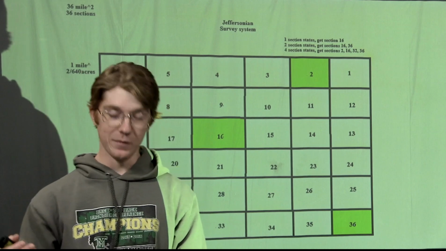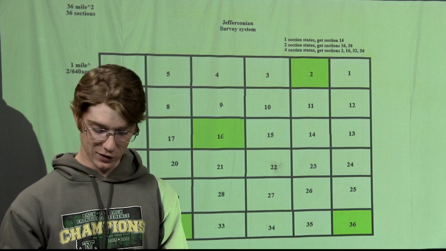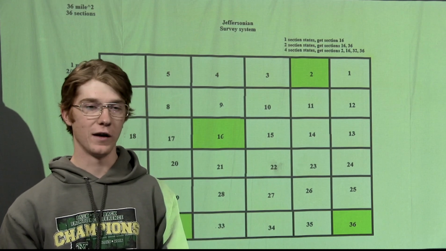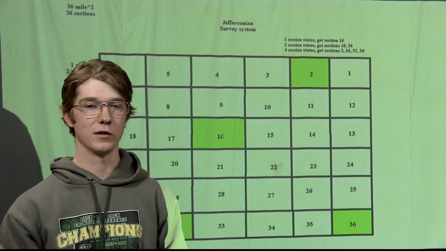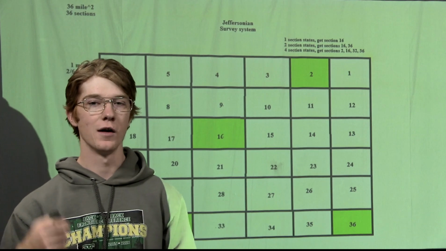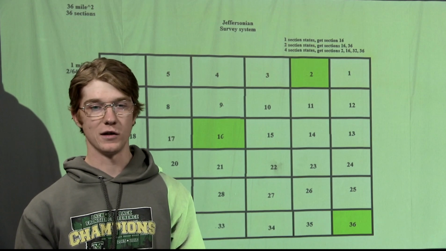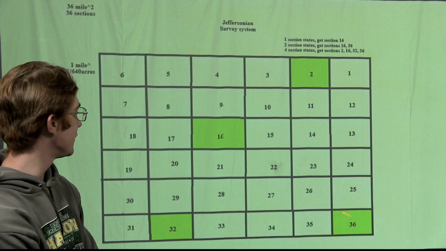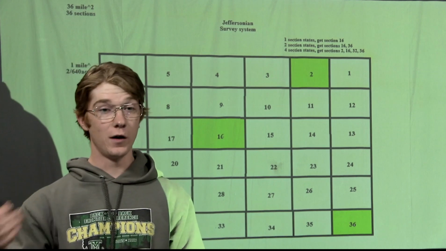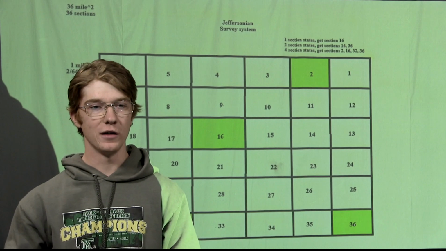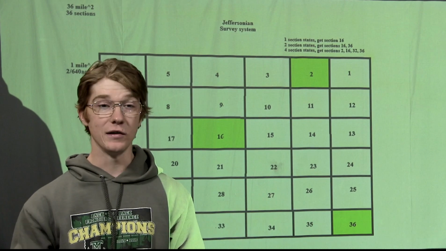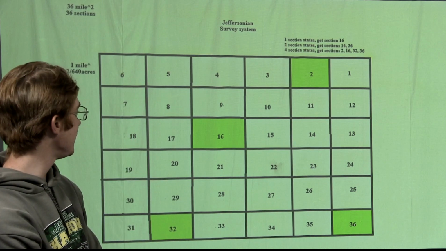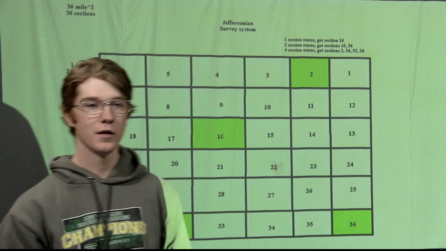Over time, as more states are admitted into the Union, the number of sections per township increases from 1 to 2, first seen with California in 1850, where they're given sections 16 and 36. Then following California, more states come in. Utah comes in 1896, and they're given 4 sections per township, so they're given 2, 16, 32, and 36.